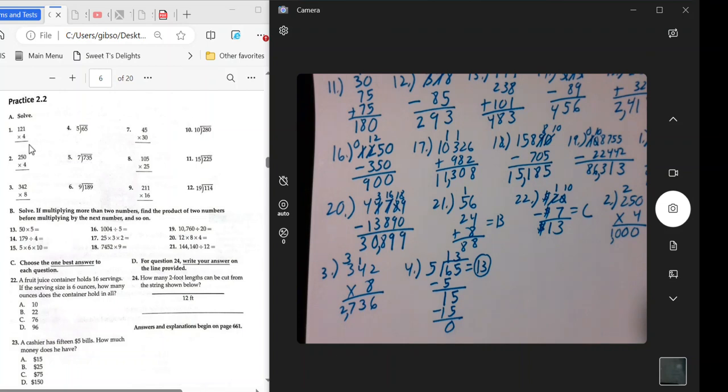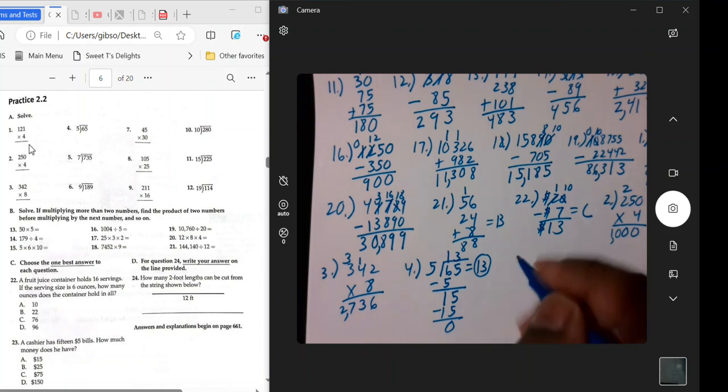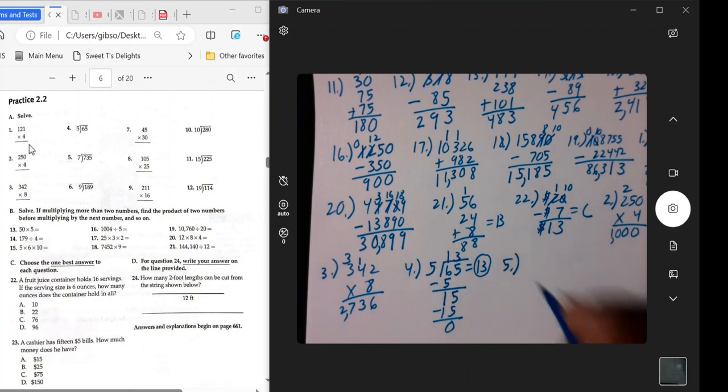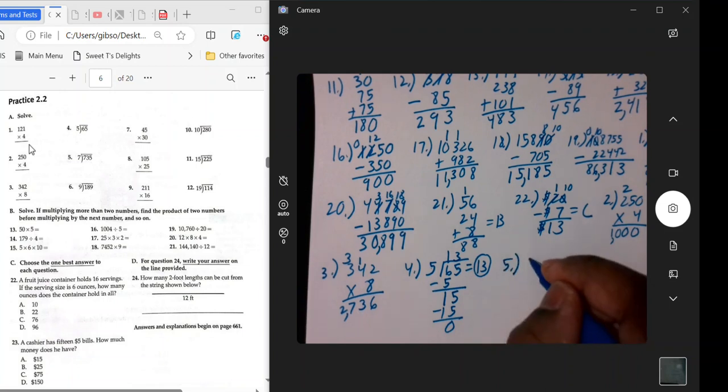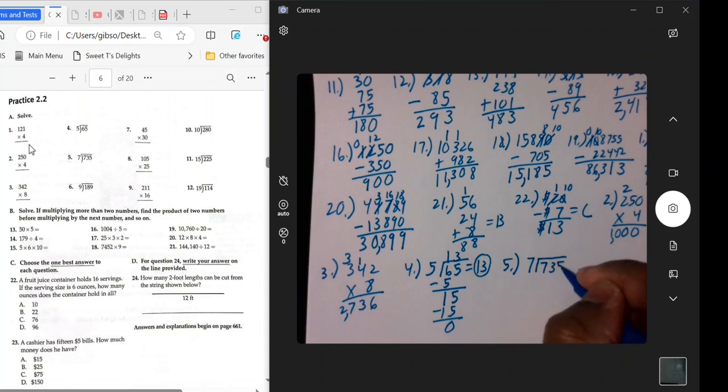Okay, next, we'll go to problem number 5. Problem number 5, we have 7 into 735. Now, there are a couple key words here that I didn't say in the previous problem. This number here on the outside of this division bar is considered your divisor.